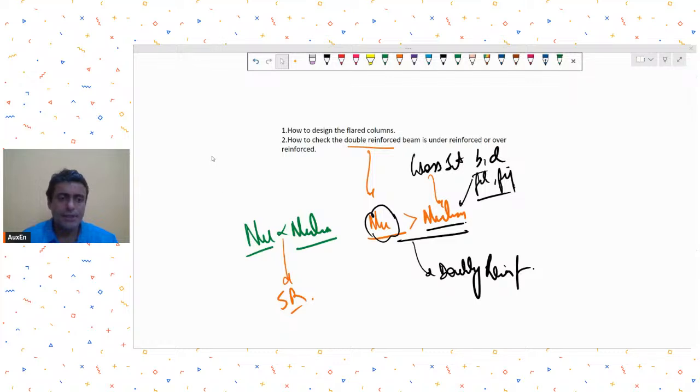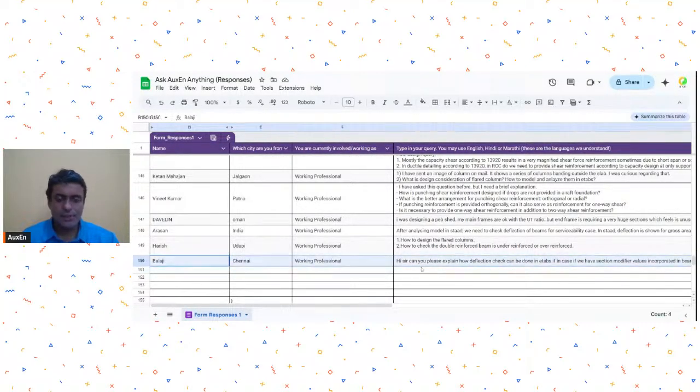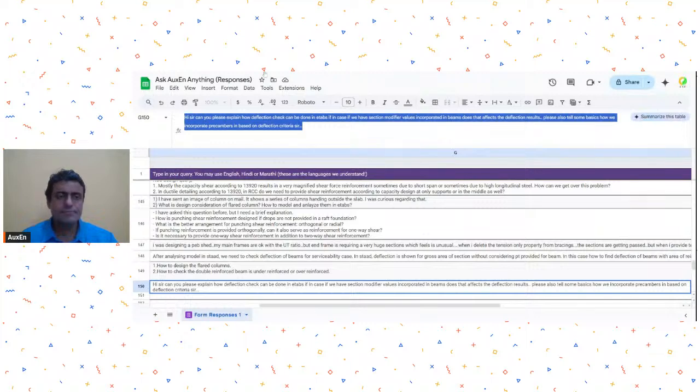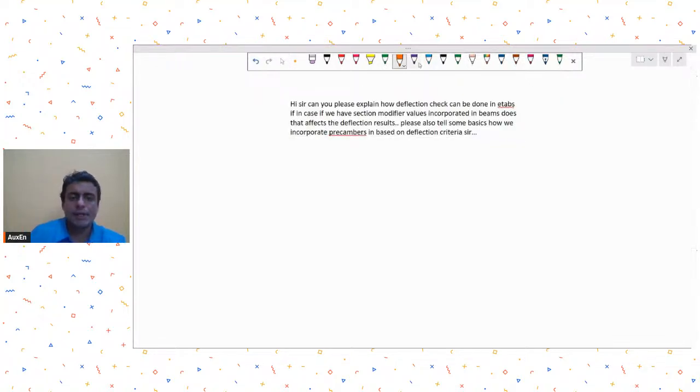He's from Chennai, a working professional, and he is asking if I could just share my screen. Can you please explain how deflection check can be done in ETABS?